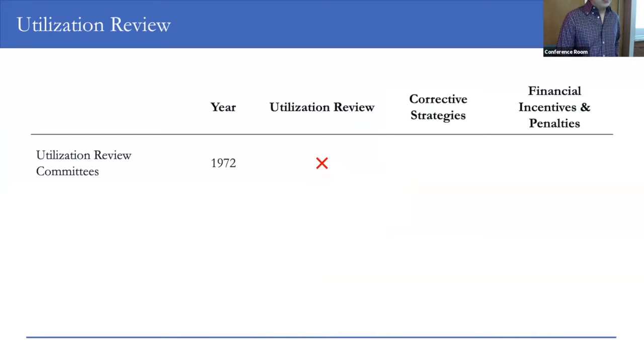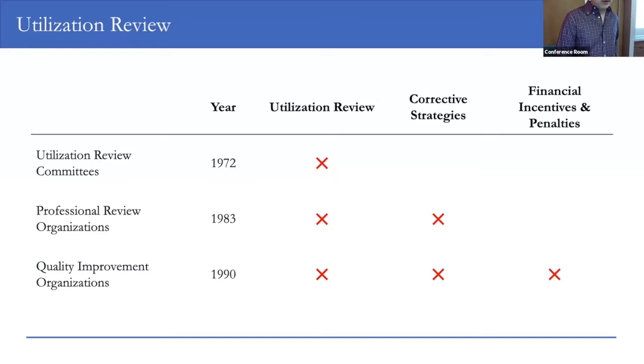These committees just reviewed the reports, but they didn't really implement any corrective actions. So in 1983, CMS started professional review organizations, which also had the ability to implement corrective strategies. These organizations were groups of physicians at a local level who would review cases on a case-by-case basis.